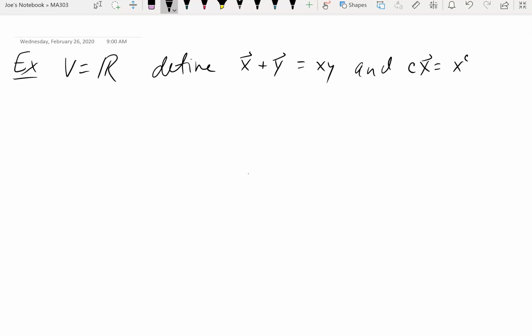I did that, and haven't done it so far in class, to emphasize that addition may not be what you typically think of as addition, and scalar multiplication may not be what you typically think of as scalar multiplication. Here, in this example, addition is multiplication, and scalar multiplication is exponentiation. This is just specific to this example.